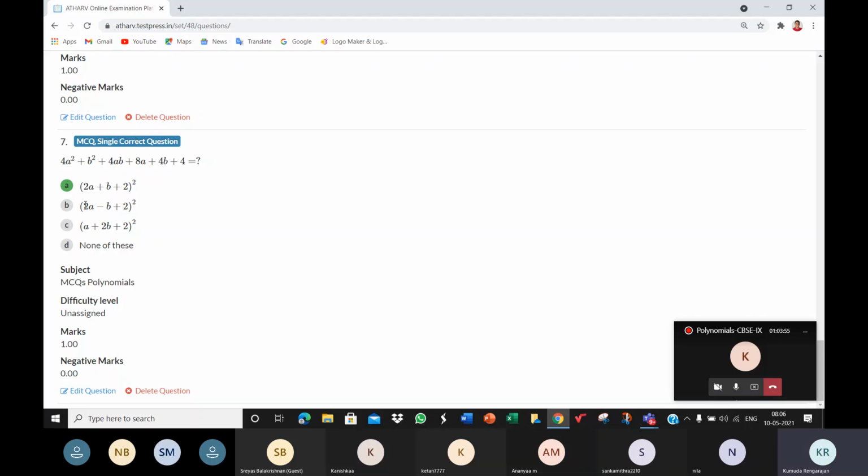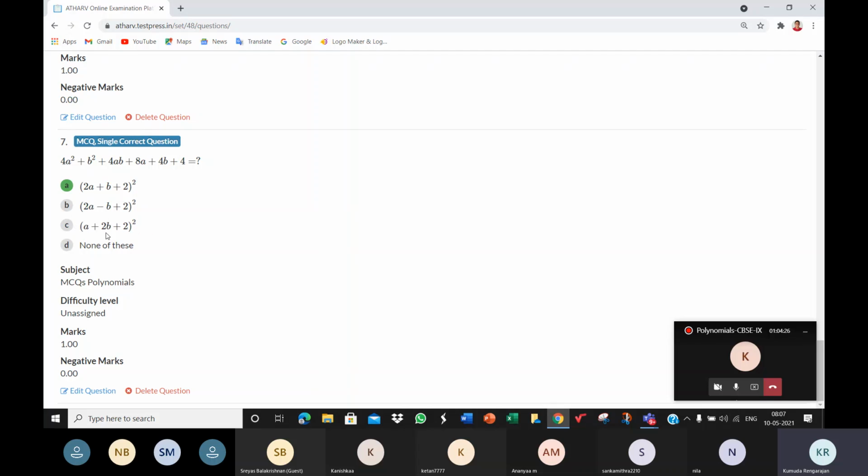See, one more thing: if it is MCQ, there is the option none of these. You can make a guess because this minus sign will not come, since all the terms are positive, so this one cannot be the correct option. And this one also cannot be, because when you square the first term you get 4a squared, while this is only a squared here.